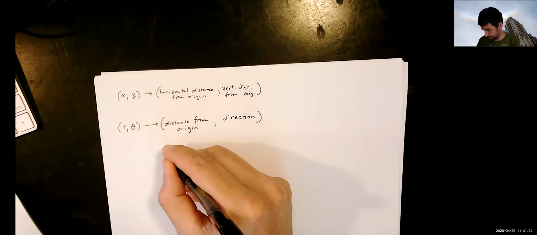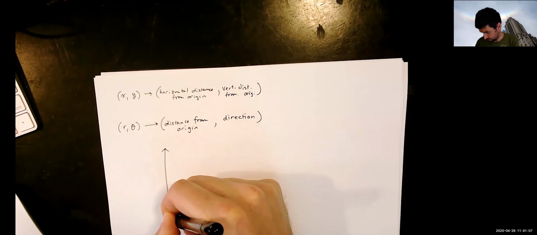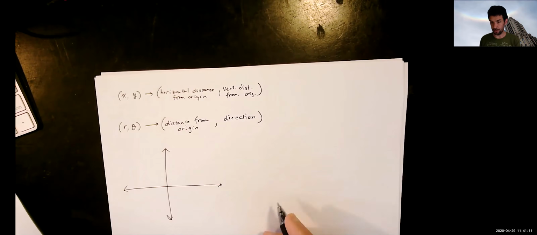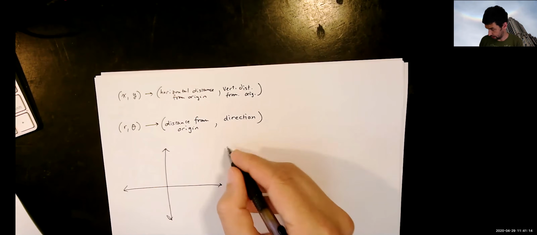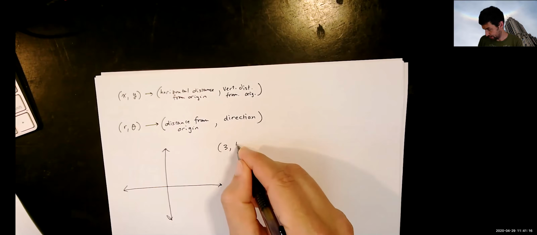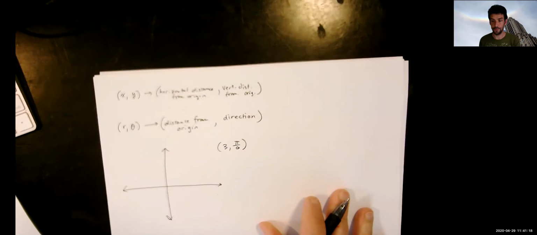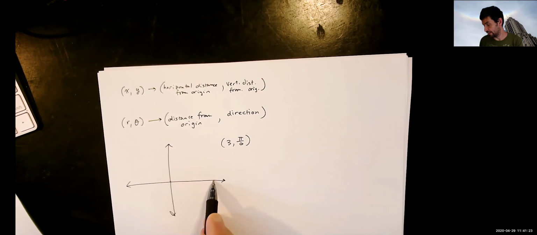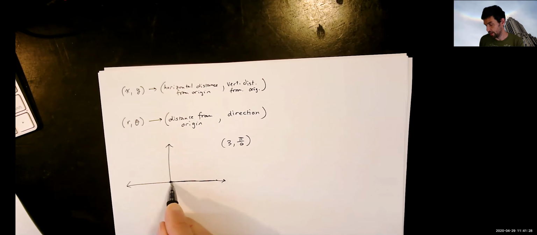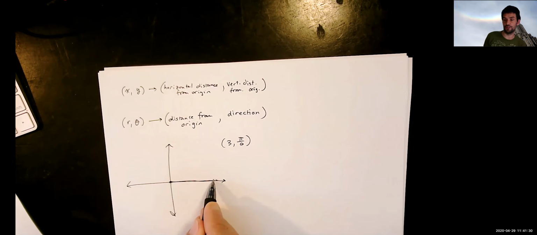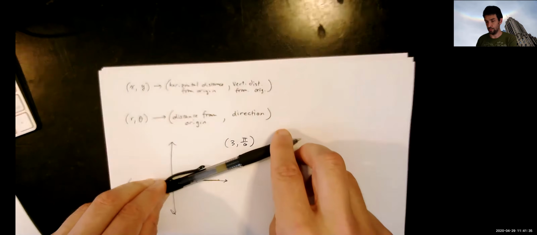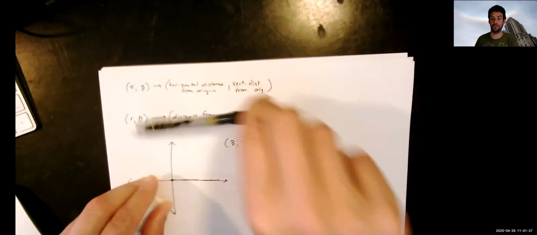So for example, here's my coordinate plane. If I were to plot the point (3, pi over 6), first I have to remember a couple of things. Our convention is that when we measure angles, we always put one side on the horizontal positive x-axis, and we consider opening up in the counterclockwise direction as positive.